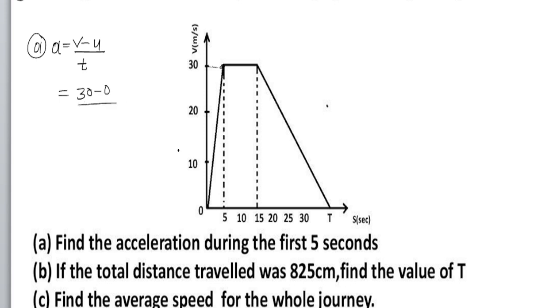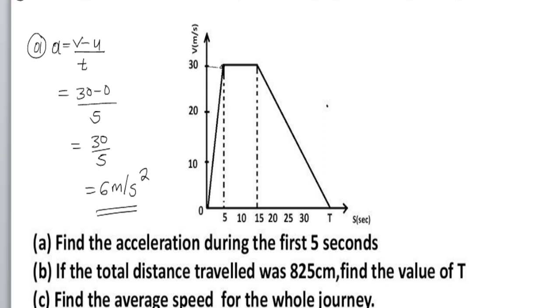Then the time it took, since it has said in the first 5 seconds, you put 5. Then 30 minus 0 is 30, and 30 divided by 5, we get 6. So the answer will be 6 meters. The units of acceleration is meters per second squared. So that one has been found, the first one.